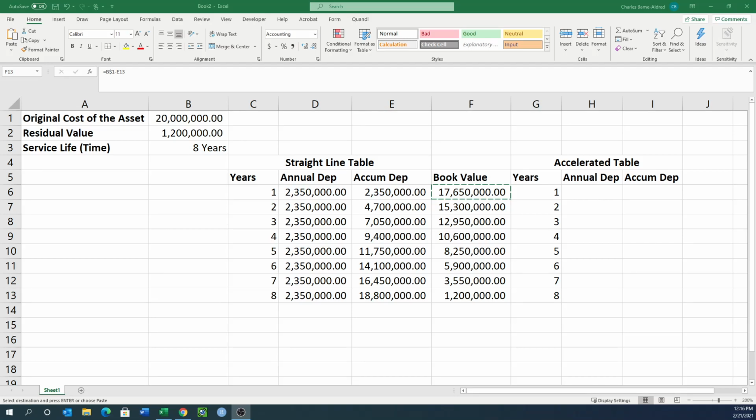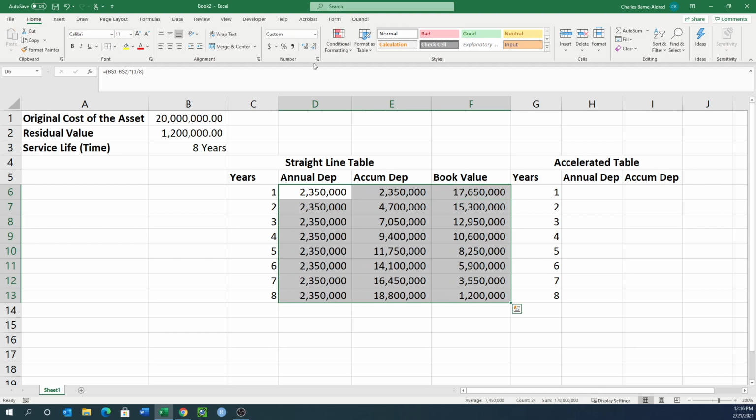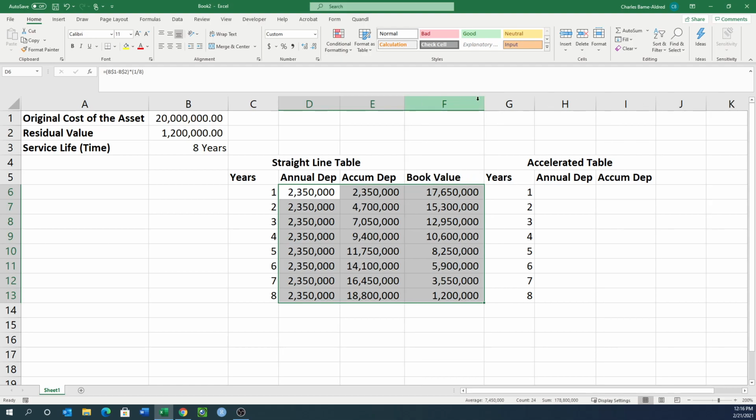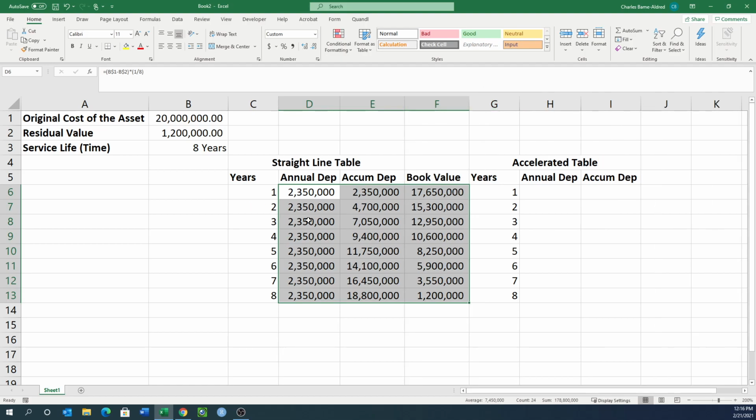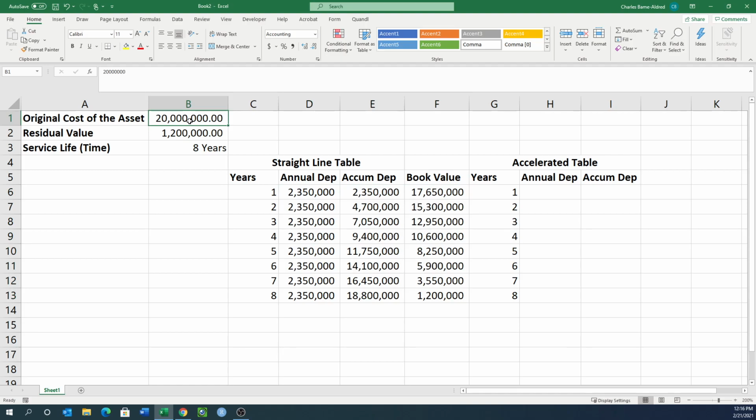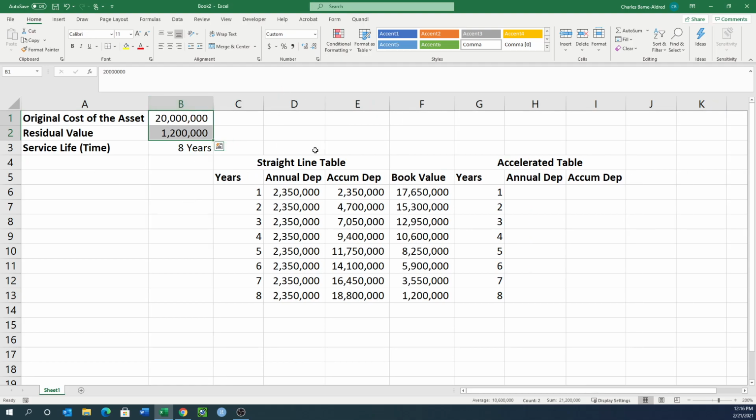And just to give myself some more room, I'm going to get rid of my zeros here, and make these columns a little bit narrower so I can wedge some more in here. I think I'm going to get rid of my zeros here as well, just to give myself a little bit more room. Okay, now I've got a little bit more room over here. All right, so that is the straight line method.